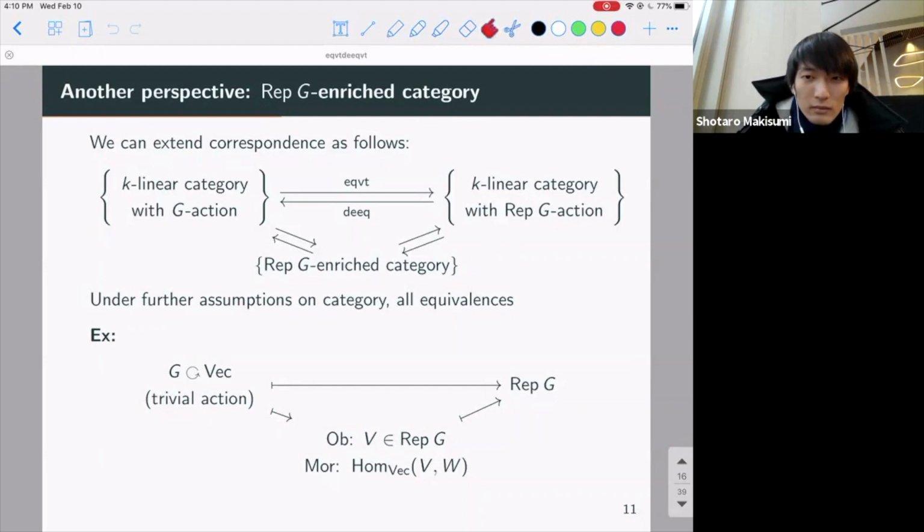I'm not sure I buy that. Weren't we doing, like, this category Rep G we're talking about includes infinite dimensional representations. But they're rational, no? Yes.